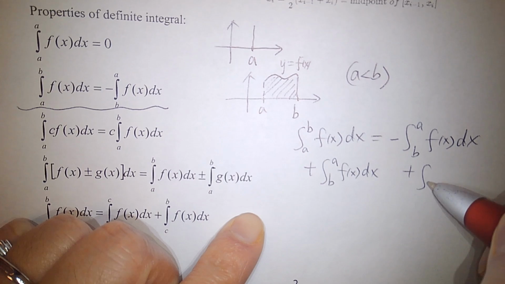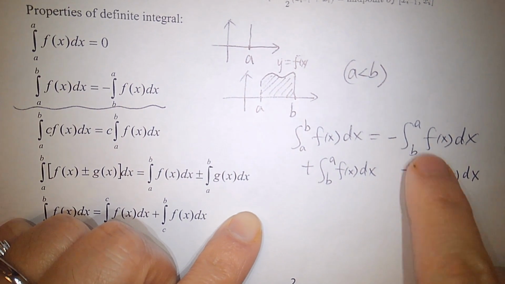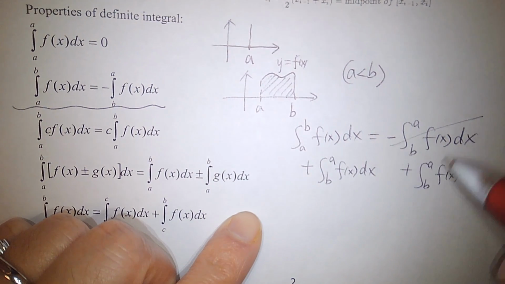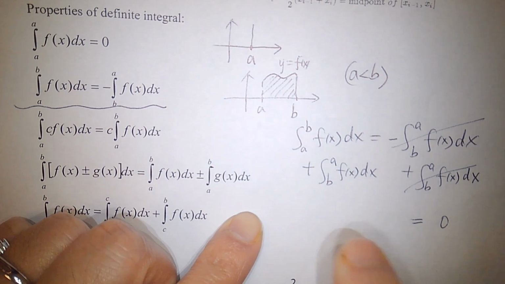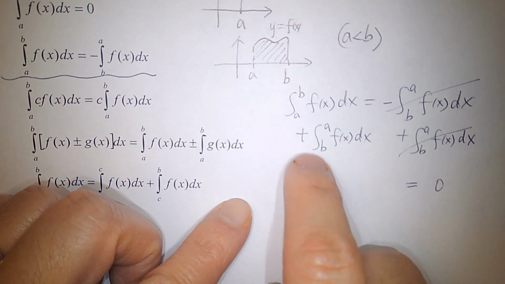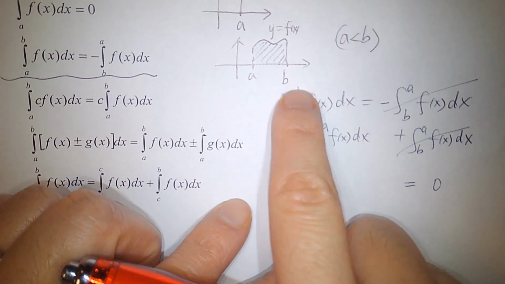Now on the right side, negative b to a plus positive b to a gives 0. On the left-hand side, we have the integral from a to b of f of x dx plus the integral from b to a of f of x dx. Well, the sum equals 0.